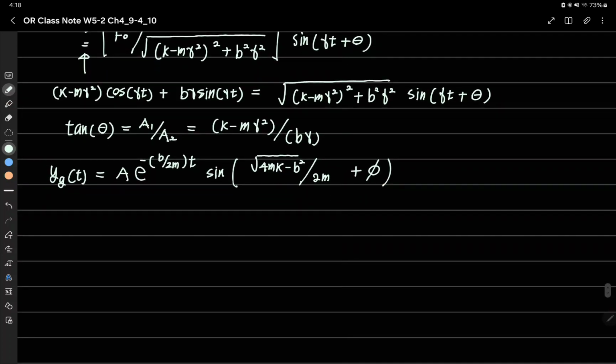So this is the solution to the homogeneous equation, right?